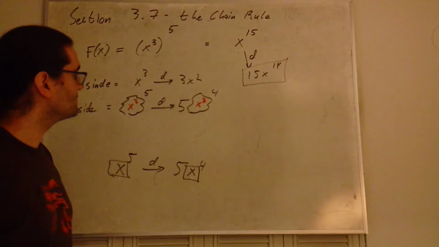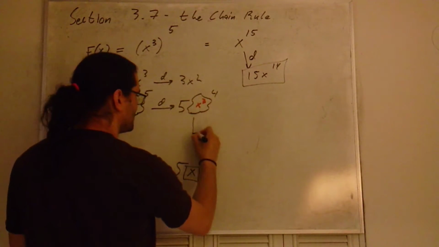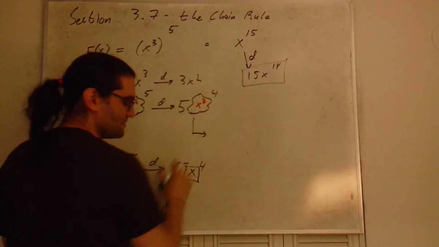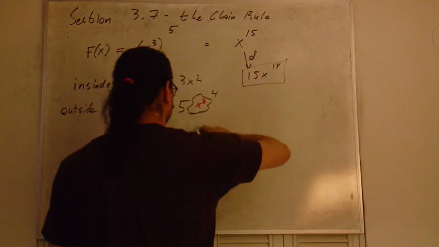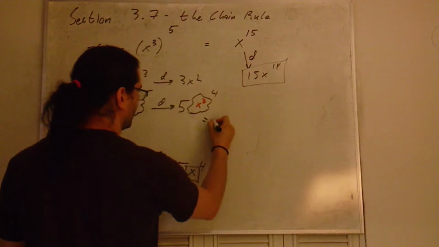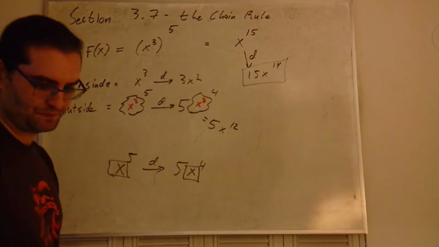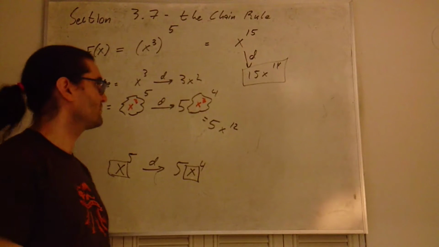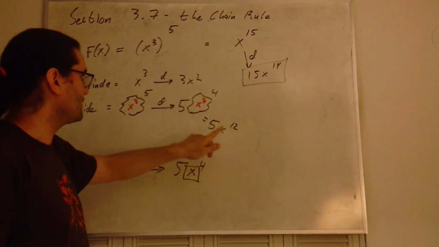It stays x cubed. This piece simplifies. Let me not use an arrow for that. Arrows are for derivatives. This piece simplifies into 5x to the 12th. If you just do the x cubed to the fourth, that's 12.